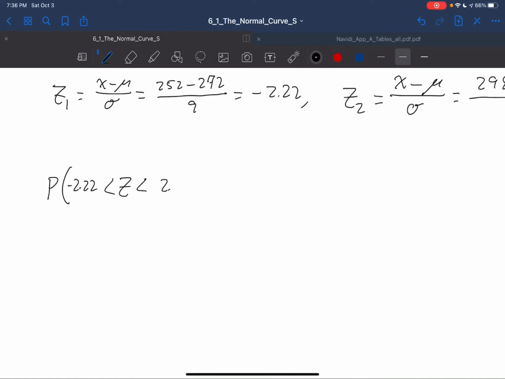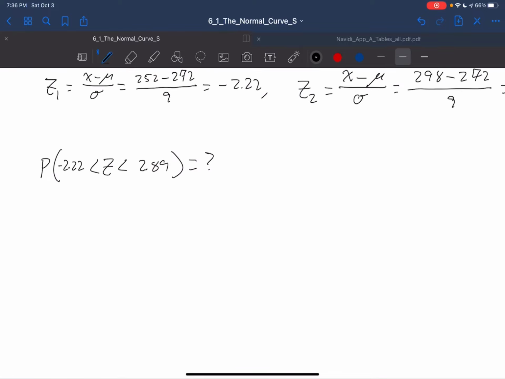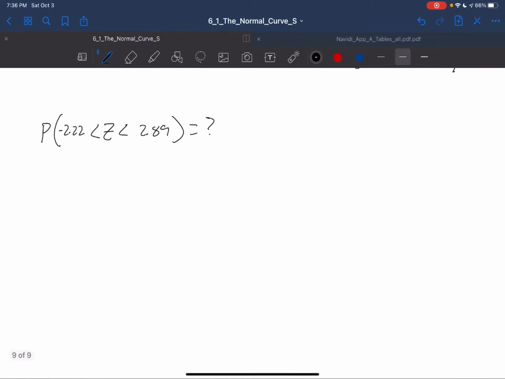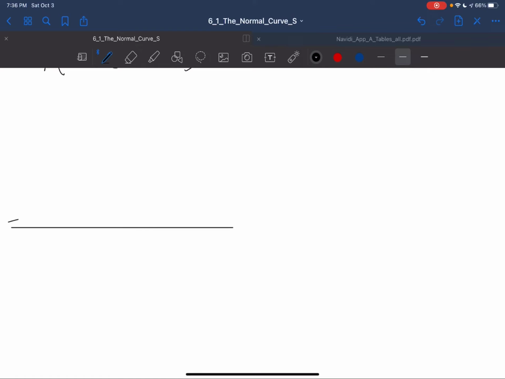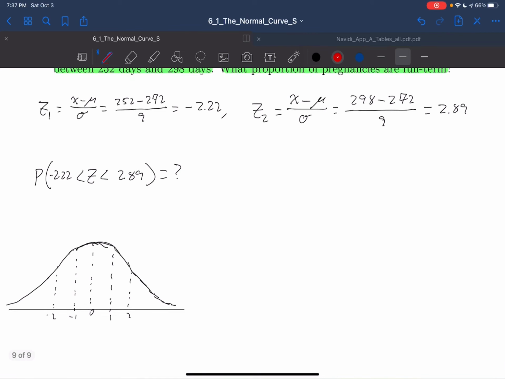So notation wise, we're trying to compute the area between negative 2.22 and 2.89. What I would do is draw the standard normal curve first. Say this is the standard normal curve that we care about. It has a mean of 0 and a standard deviation of 1. What we're looking for is the area between z1 and z2.